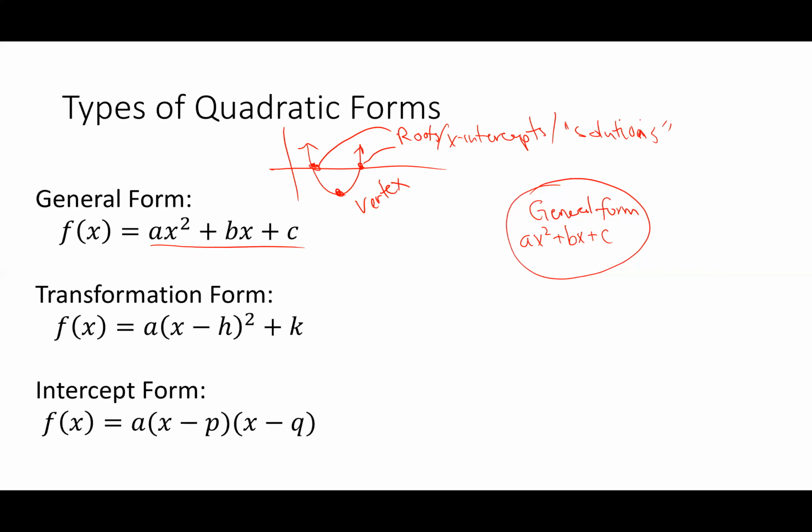So we've got our general form, and I really like the transformational form because what it gives away is information about the vertex. The vertex is going to have the coordinate pair (h, k), which is pretty cool. But again, from the general form, in terms of the vertex, we have no idea.